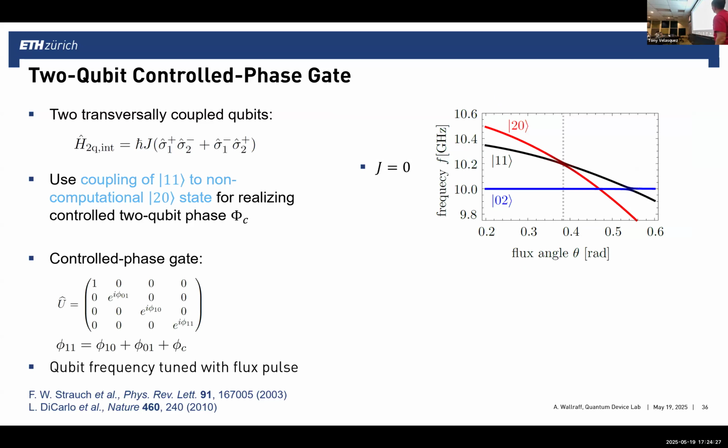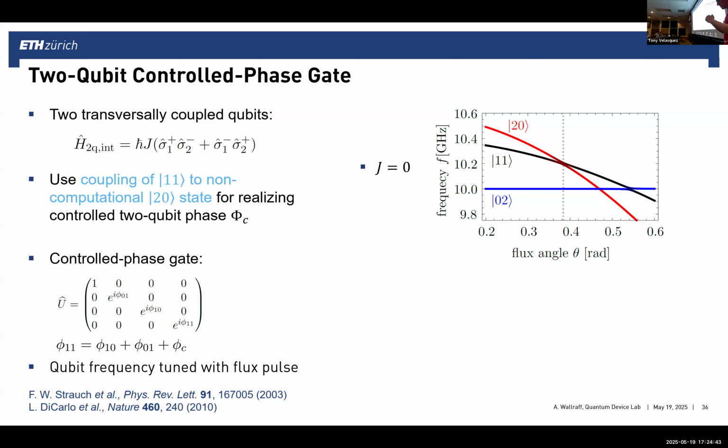Now for this particular version of this controlled phase gate, you look at the interaction of one of the qubits being in the second excited state and both qubits being in their first excited state. So there's this crossing here.